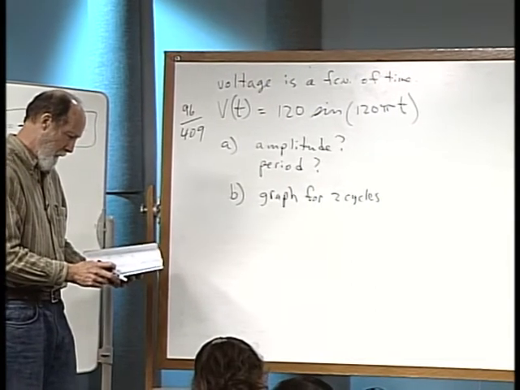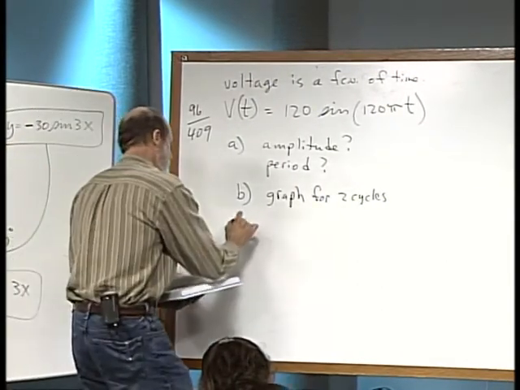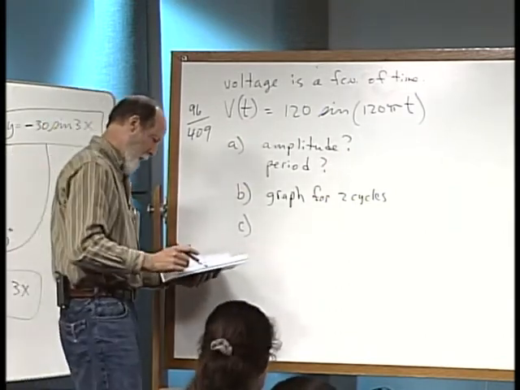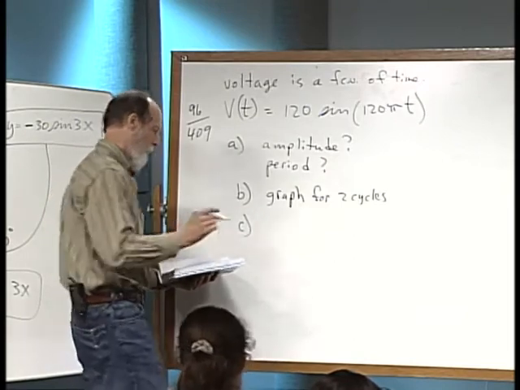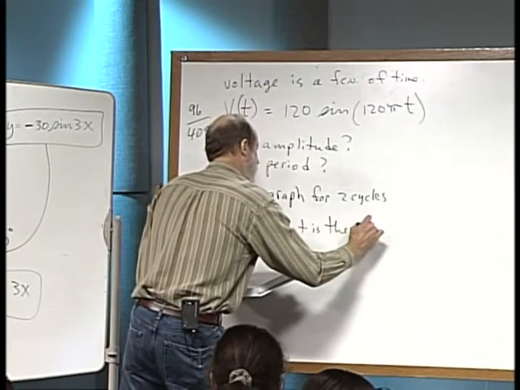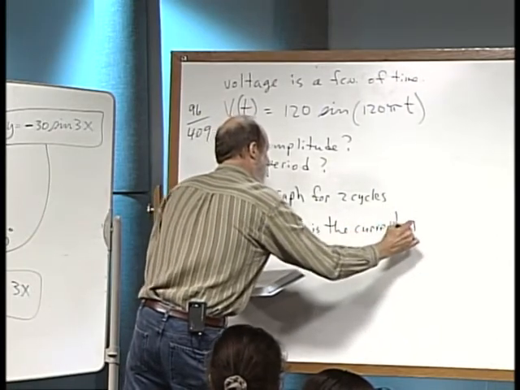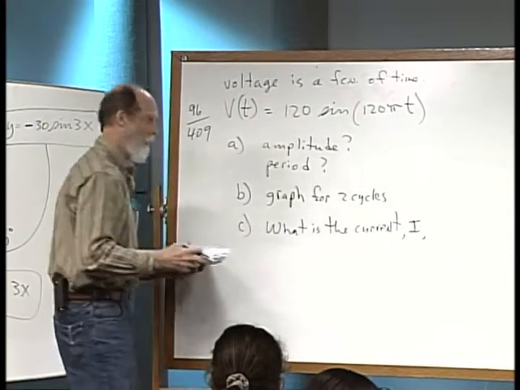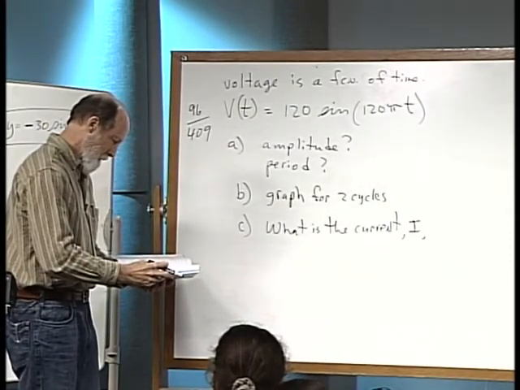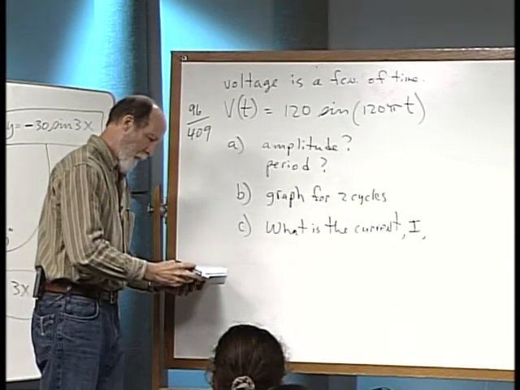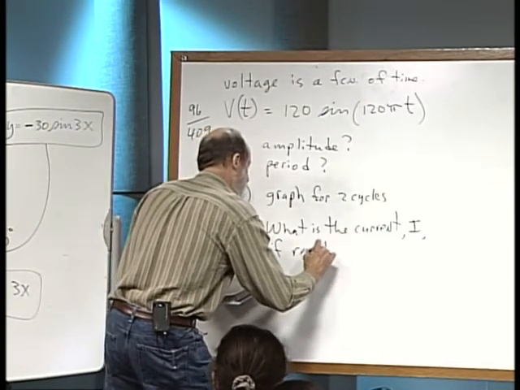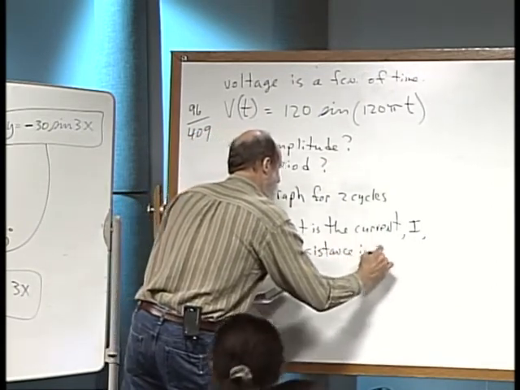In part C, actually I think I'm going to go ahead and do it, since you might as well learn a little bit about electronics while we're at it. It's saying, figure out what the current is. What is the current? And the letter I is traditionally used for current, if the resistance is 20 ohms.